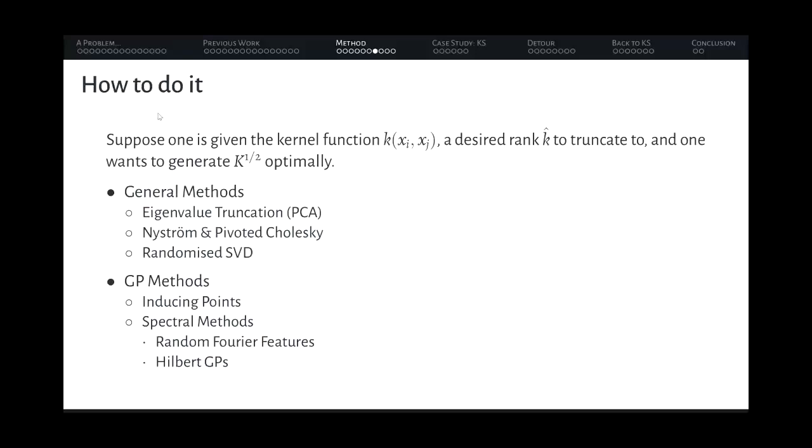And then there are also GP-specific methods. I'm not using the GP-specific methods for this specific task, but I will probably use them in future because they are very good at calculating it quickly if you are estimating parameters. So in the future, when I estimate hyperparameters in the GP, it might be important to use these. Inducing points, sure, that's just a fancy way of doing the Nystrom method.